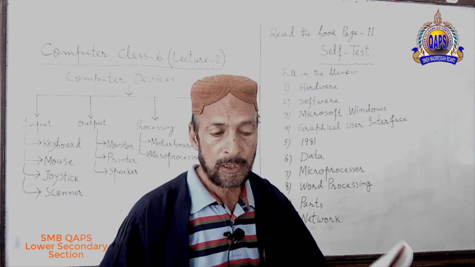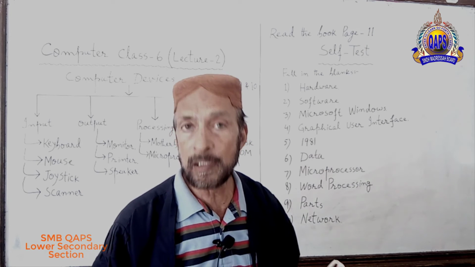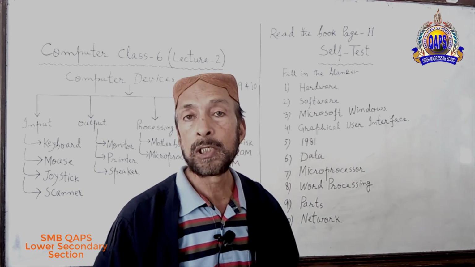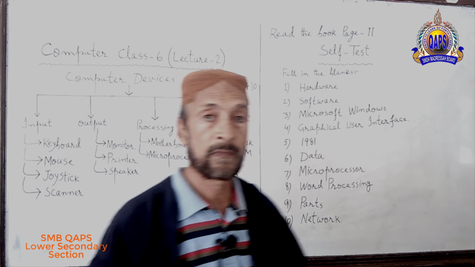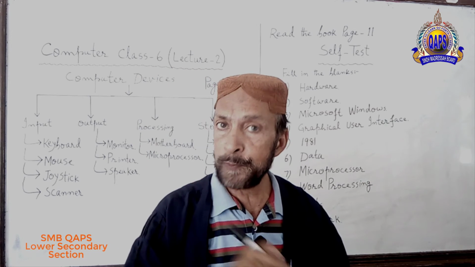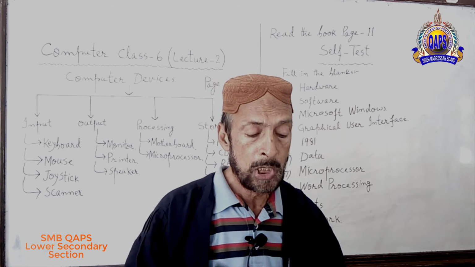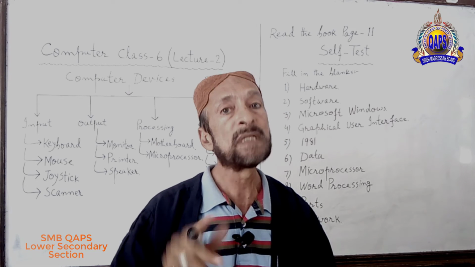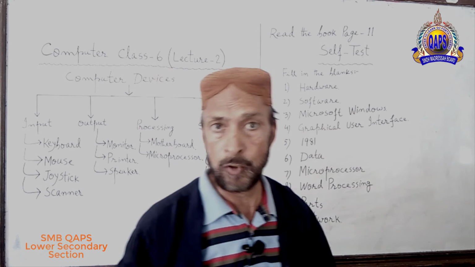I am reading. Open your book, students. Page number 11. Your book. Open it. Page 11. I am reading it now. If you will not open your book, if you will not open page number 11, you will not understand it. Listen to it. Fill in the blanks with the correct words.